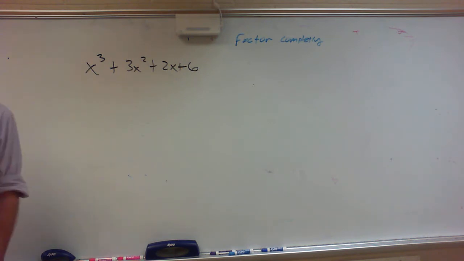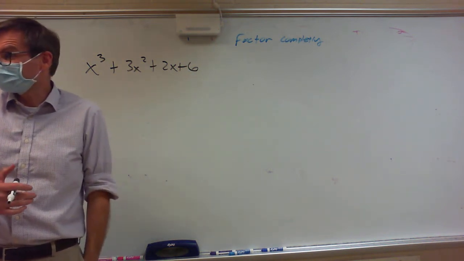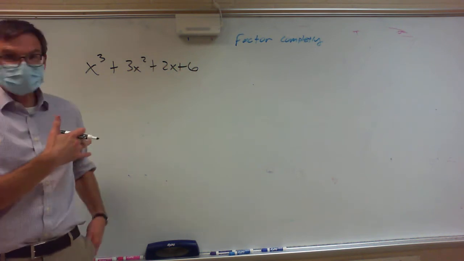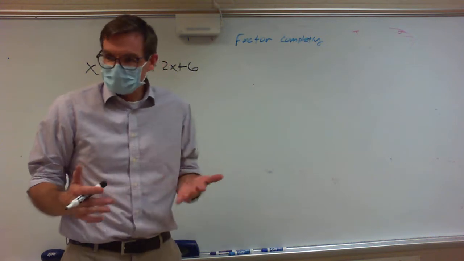All right, is this a quadratic form? Yes. No, it's not. No. The quadratic form, for the most part, just has 3 terms, doesn't it? Right? This doesn't have 3 terms. There's more stuff going on here, right? Okay. So how do you factor this?